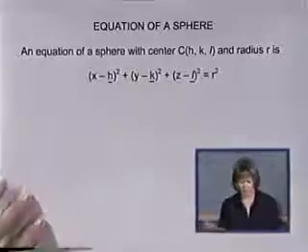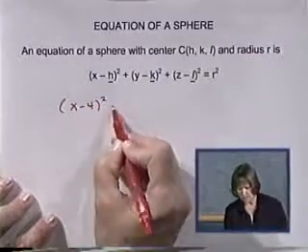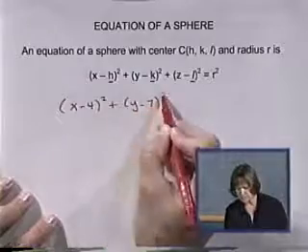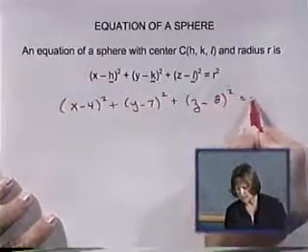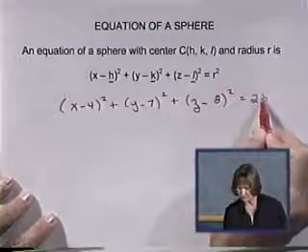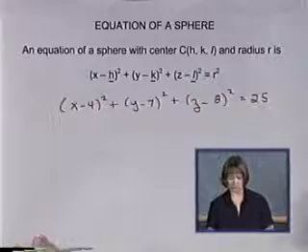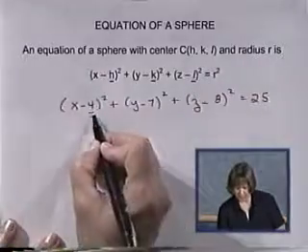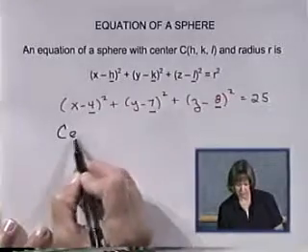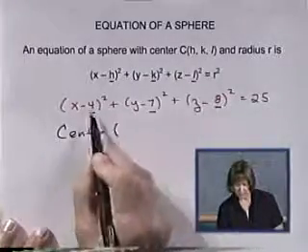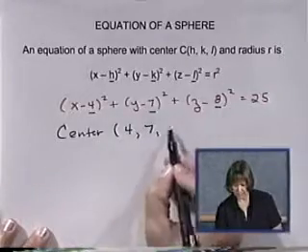What if I gave you the equation (x minus 4) squared plus (y minus 7) squared plus (z minus 8) squared equals 25. That's in that form, right? What's the center of that sphere? Well, notice here's your h, k, and l. So my center is going to be my h is 4, my k is 7, my l is 8.